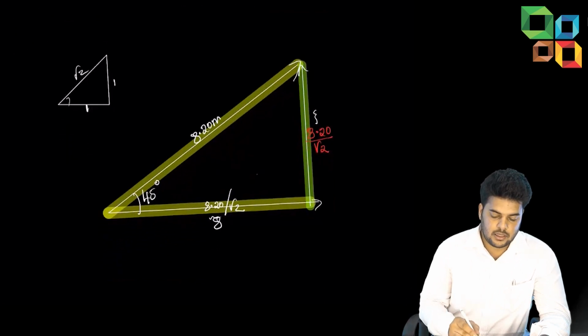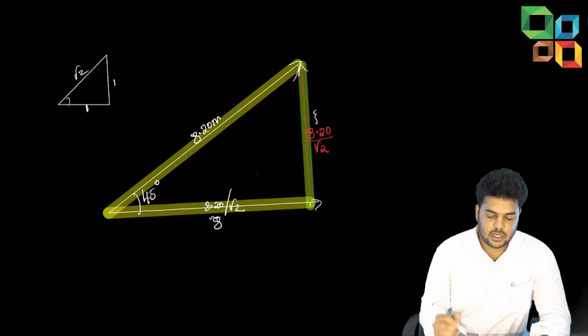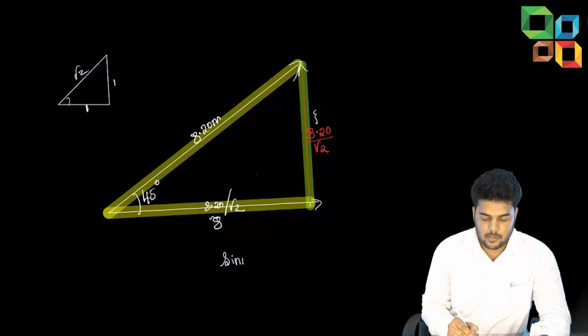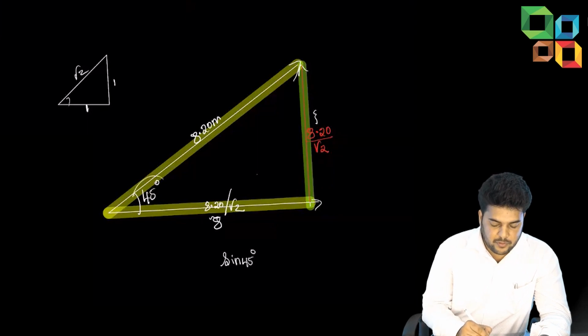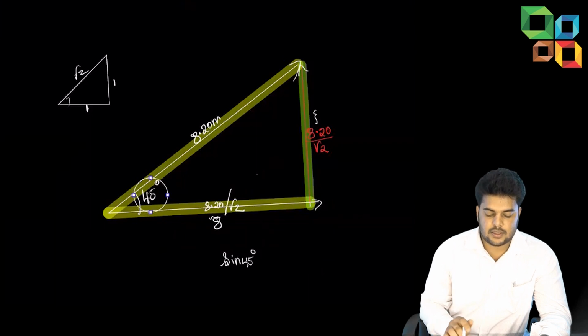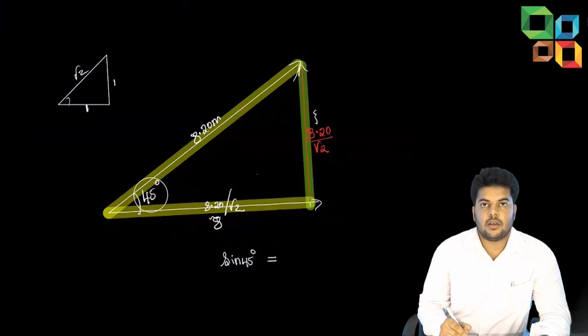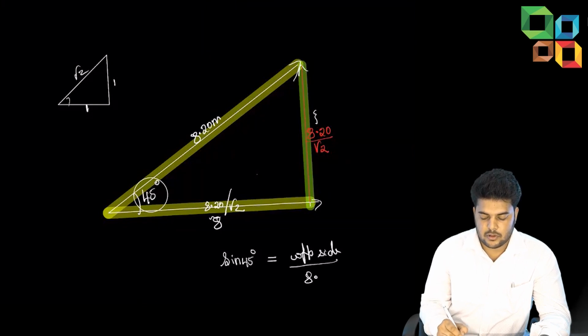So what I've done here is I want to figure out the opposite side, so I know which ratio to use now. Sine 45. 45 is this angle over here. Sine 45 is equal to the length of the opposite side divided by the length of the hypotenuse.